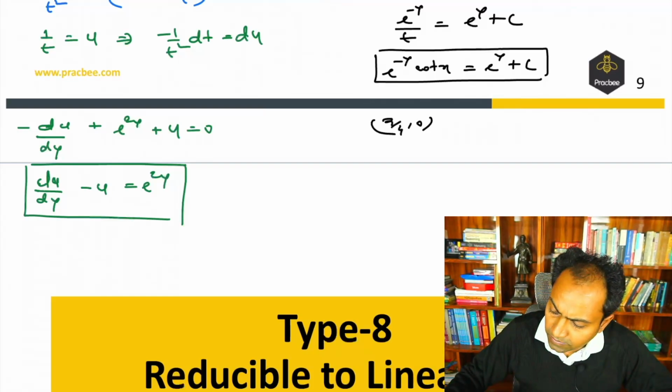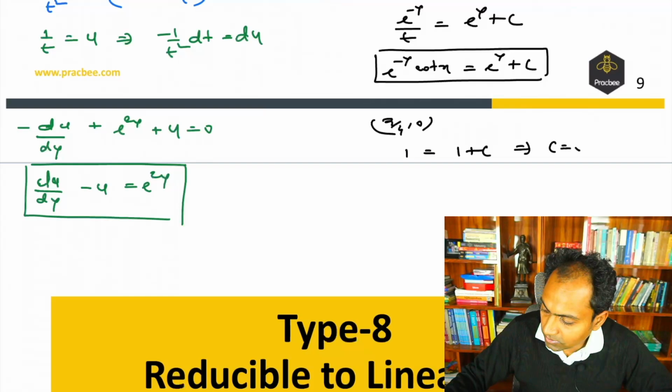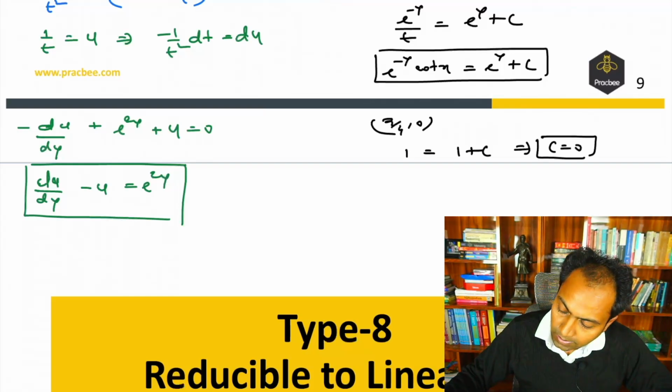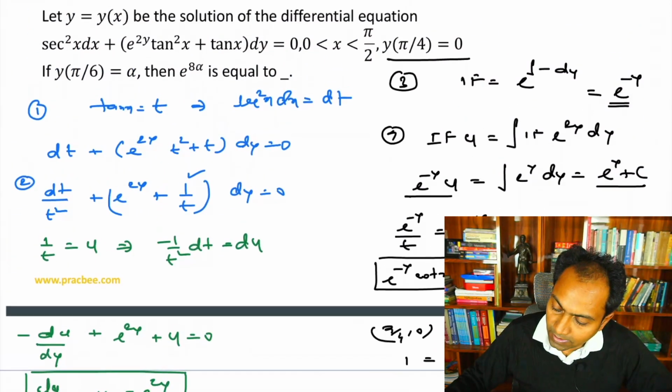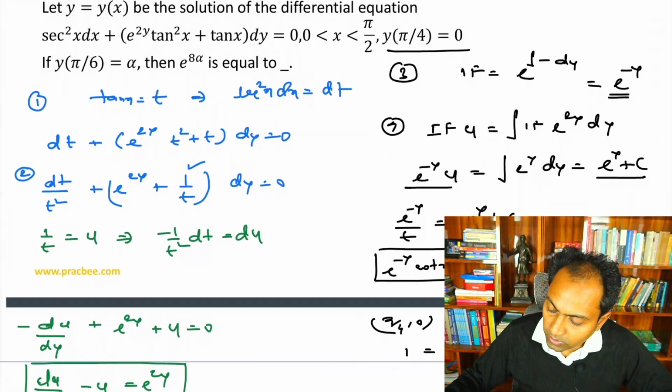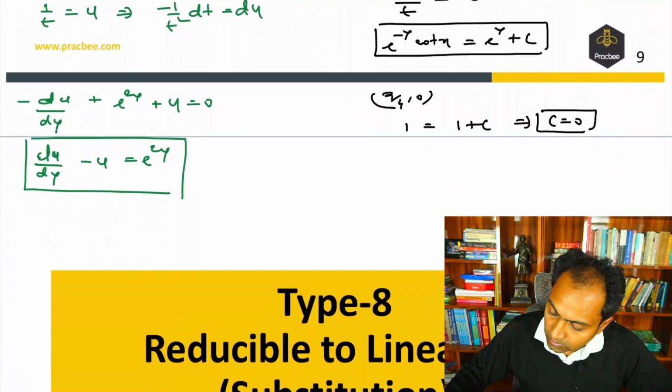In place of x, if I put pi by 4, this becomes 1 on the left hand side, and on the right hand side this will also become 1 plus c. As a result, c comes out to be 0. And now what they are asking is about another point, pi by 6 comma alpha. Now corresponding to this we have to get something.